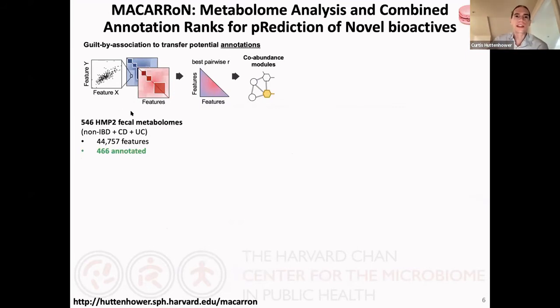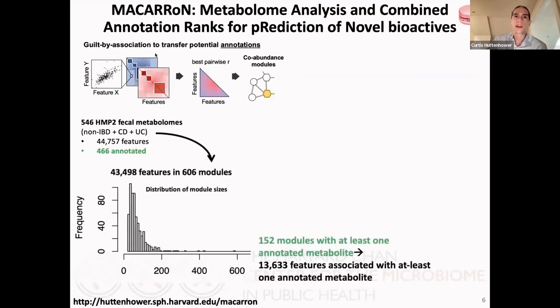So if we use the same example from a few slides ago of stool metabolomes from the Human Microbiome Project, which comprise control individuals and inflammatory bowel disease patients, Crohn's disease and ulcerative colitis patients, these start out with several tens of thousands of features of metabolites, only a few hundred of which are annotated.